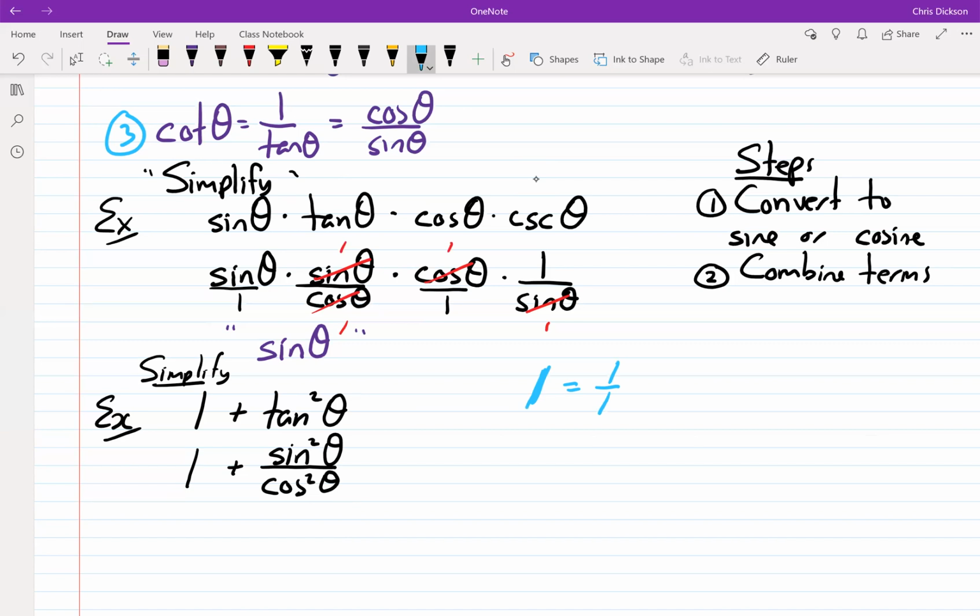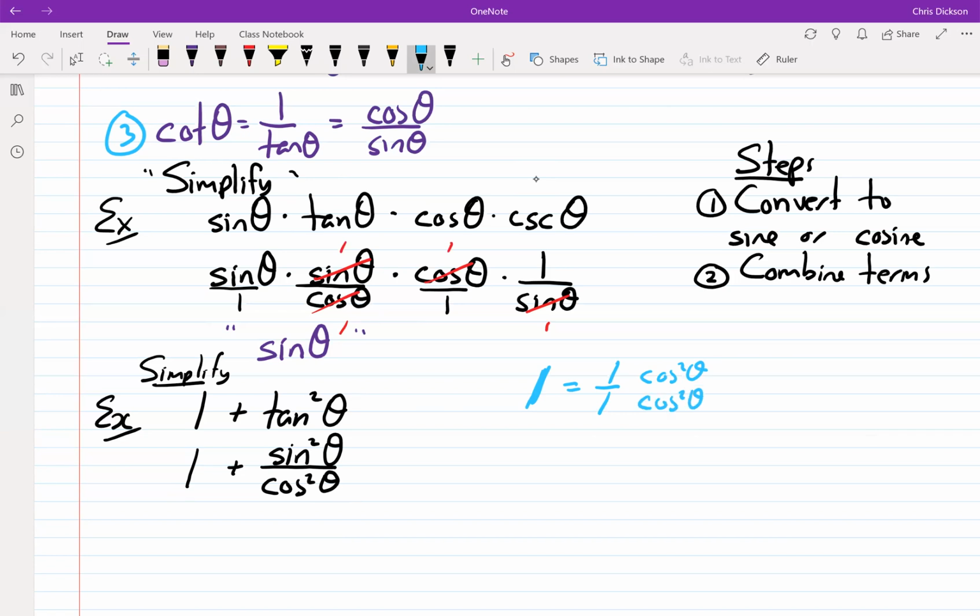And if I want to combine a number with a fraction in addition, I have to have a common denominator. So my LCD here looks like cos squared theta. So I'm going to multiply the 1 on the top by cos squared and the bottom by cos squared.